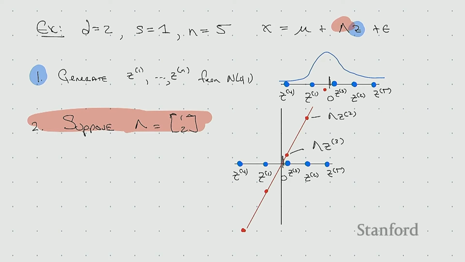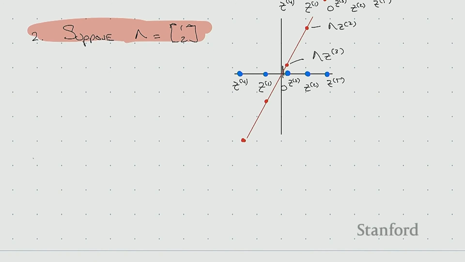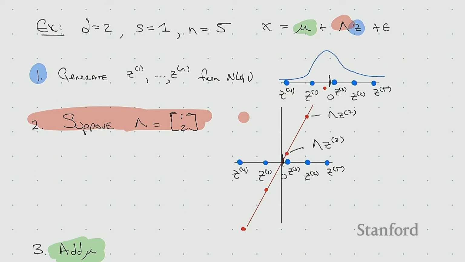Now we're in the high dimension. We've gone from our small dimension up to the whole dimension of all our sensors. Think in your head dimension 10,000, not dimension 2. Now, third, we add mu. What does that do? I'm going to put that in green. That's this piece.